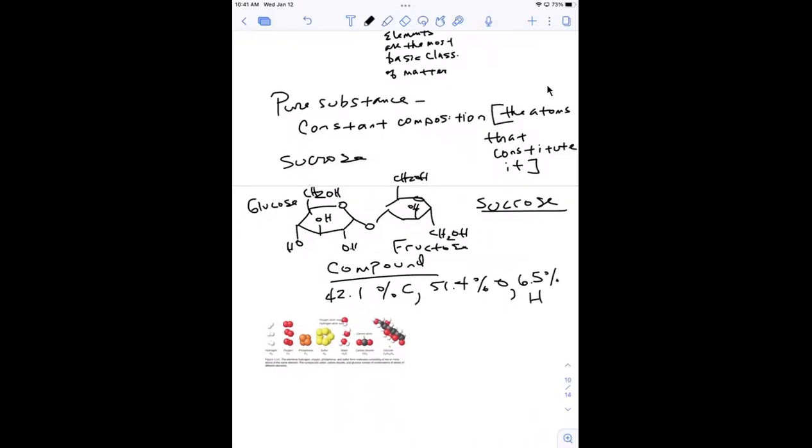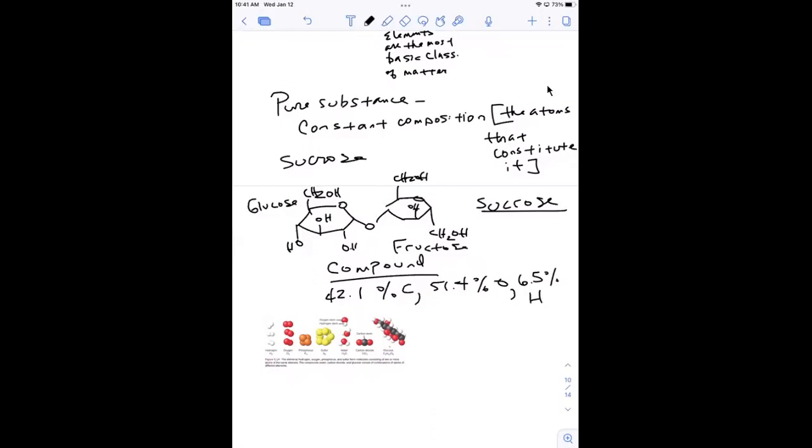That's what it means when you say something has a constant composition. You can cut a gram of it, you can cut a kilogram of it, you can cut a ton of it. When you analyze it, the atomic composition is going to be the same. That's what it means when a pure substance is a compound and has a constant composition. Does that make sense? Yeah, it does.